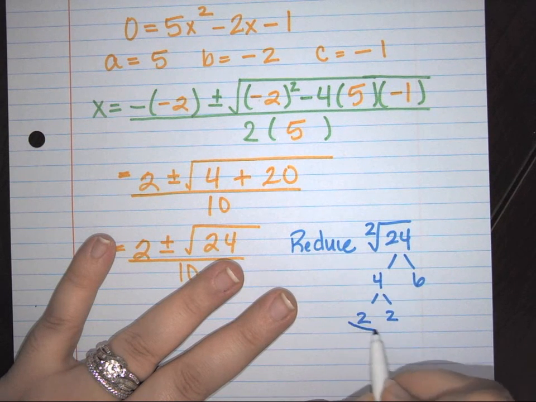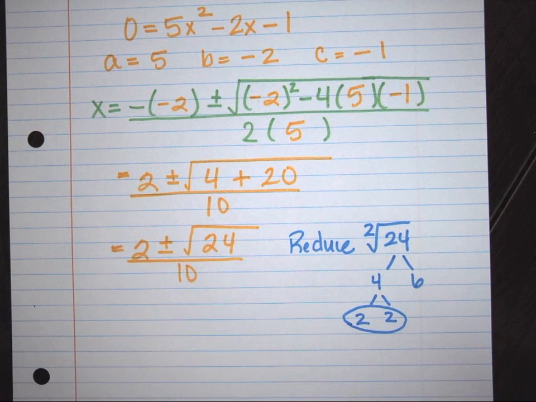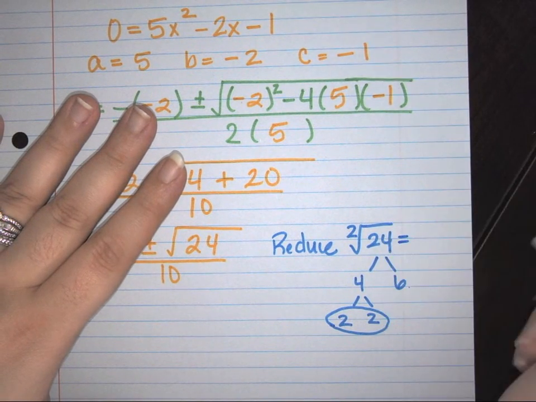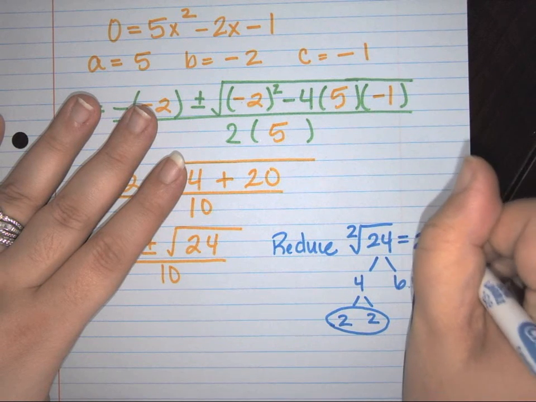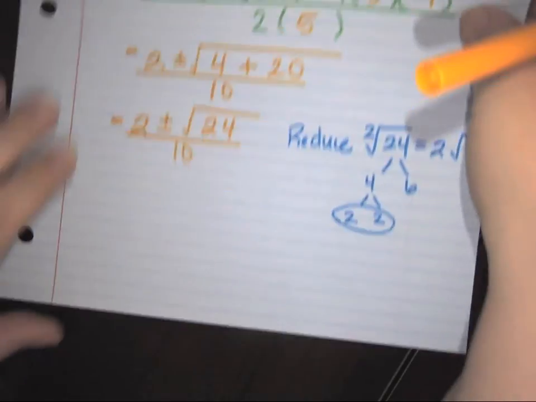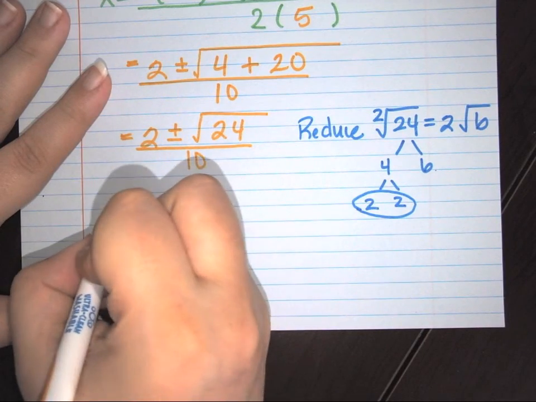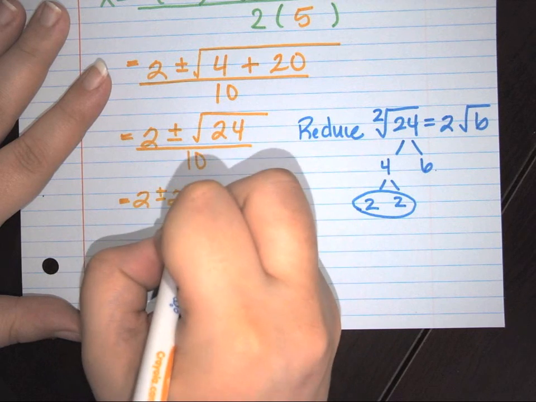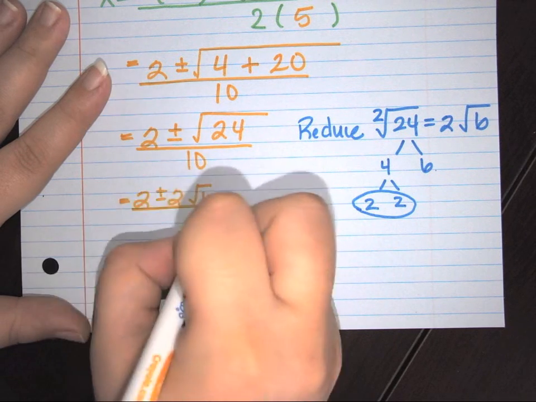So this right here is considered my group of 2. So that's what pulls out. So 2 pulls out, 6 is left behind. So my square root of 24 actually is going to reduce to 2 square roots of 6. So knowing that, I can rewrite my equation now to compensate. So I have that this is equal to 2 plus or minus 2 square roots of 6 all over 10.